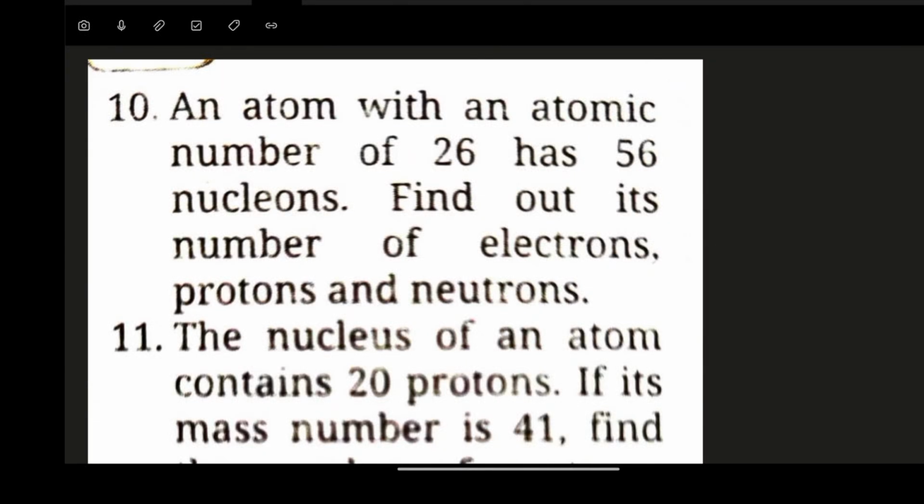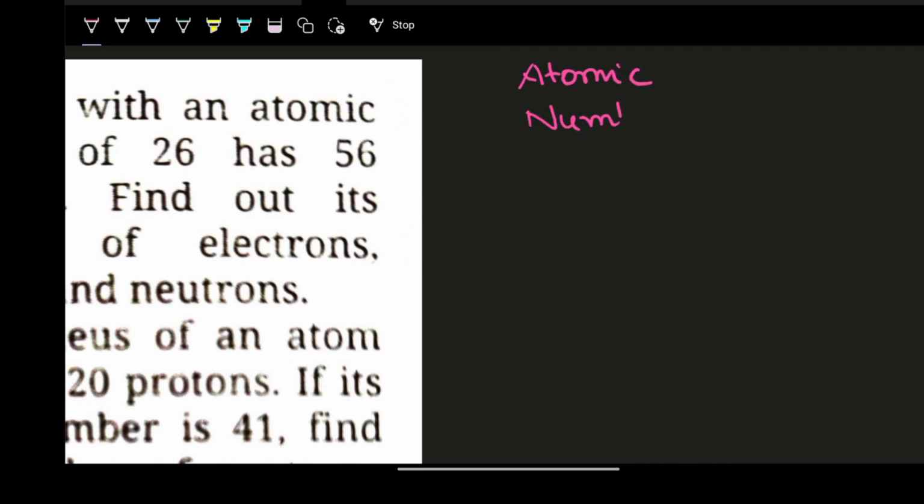Hello, all of you. Now, do you know what is atomic number and what is mass number? Atomic number is represented by the symbol Z, which means the number of protons present in an atom.